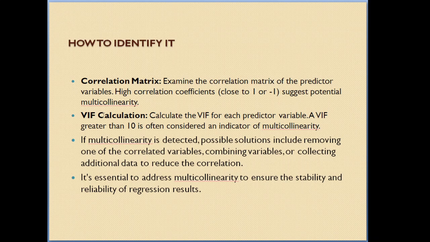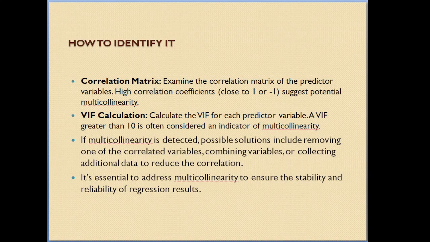Okay, so if multicollinearity is detected, possible solutions include just removing the variable, or we could combine the variables, or add additional data to reduce the correlation. That's how we would identify them, and if it is detected, we could remove correlated variables or combine variables. This helps us ensure the stability and reliability of the regression results.